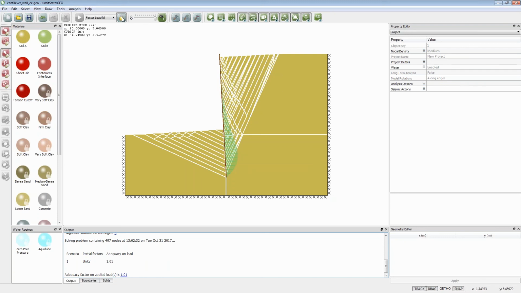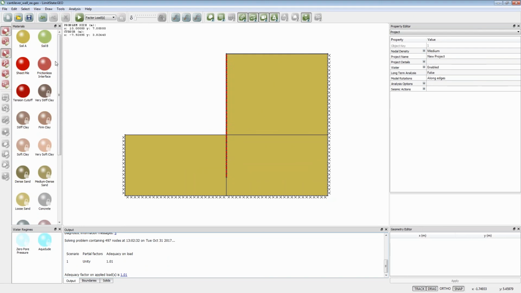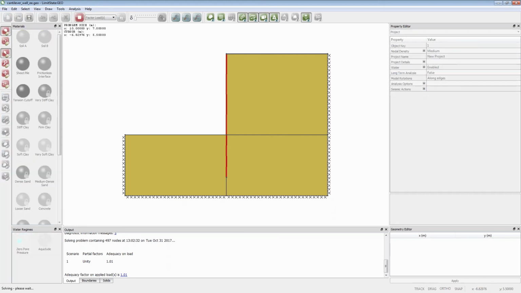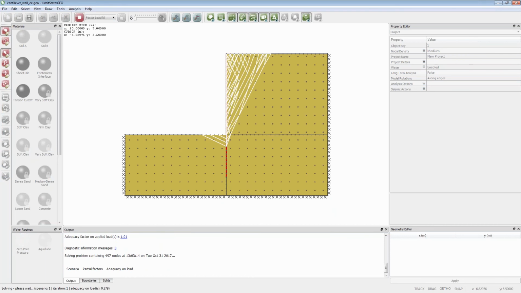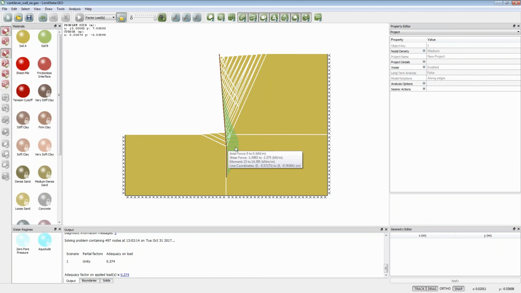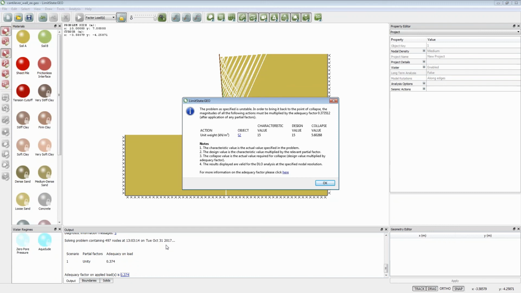But the software is able to model bending in the wall, so at the moment the strength of the wall is much higher than the actual predicted bending moment. If I just reduce it by, say, a factor of 10 and run solve, what you can see is that the software said, well, you can bend here. The bending moment's actually reached 15 at this point, so we can get a failure mode, and we have a very low adequacy factor.